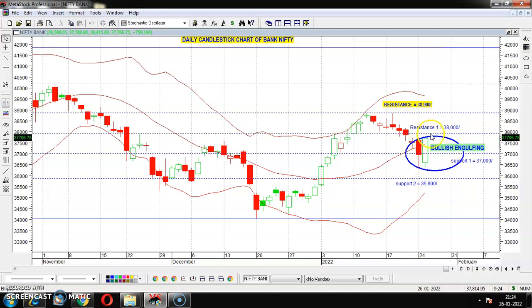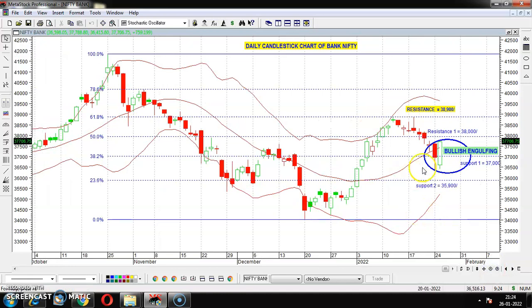And if it goes towards the upside, the first resistance would be the 50%, which is also a golden ratio of the Fibonacci retracement zone. First resistance will be 38,000. But if it breaches downside, then the first support would be 37,000, and the very next support would be 35,900. So it is a very, very important zone.